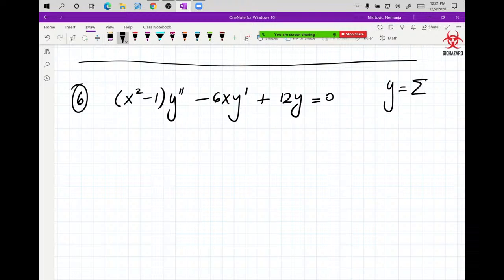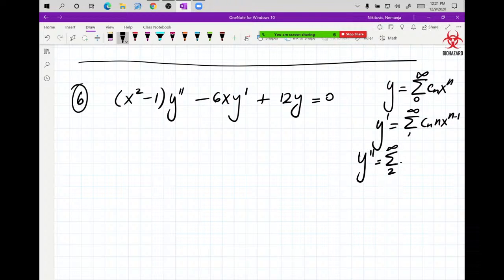y is our standard sum of Cn x to the n, starting at 0. y prime starts at 1, Cn n x to the n minus 1, and y double prime starts at 2 to infinity, Cn n (n minus 1) x to the n minus 2.